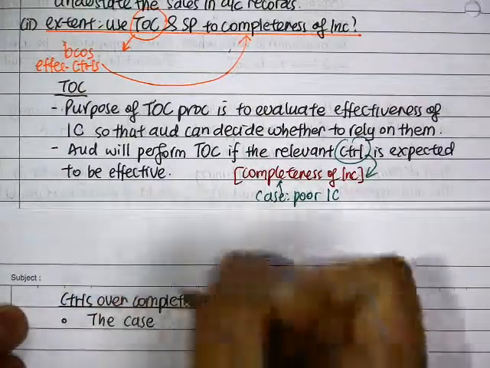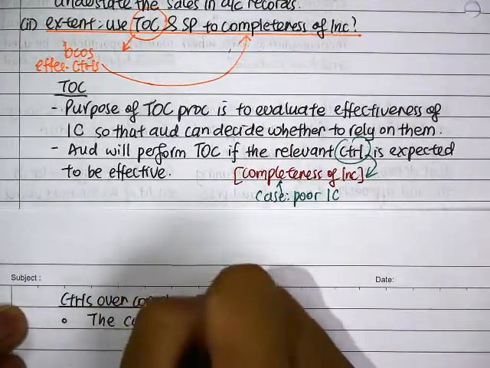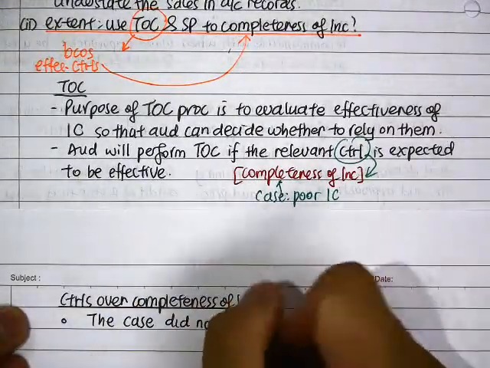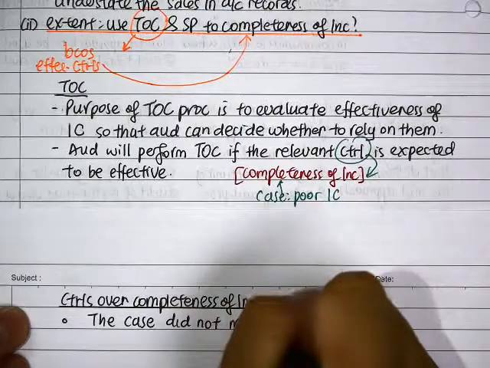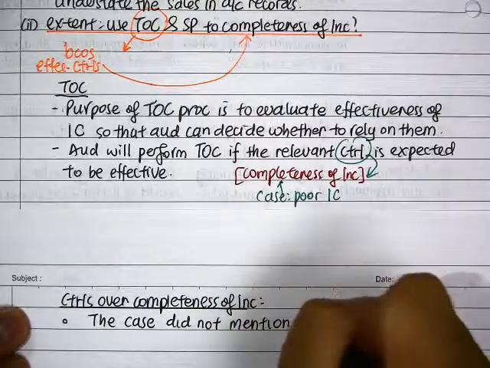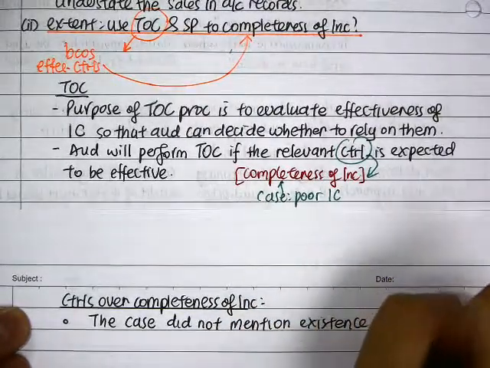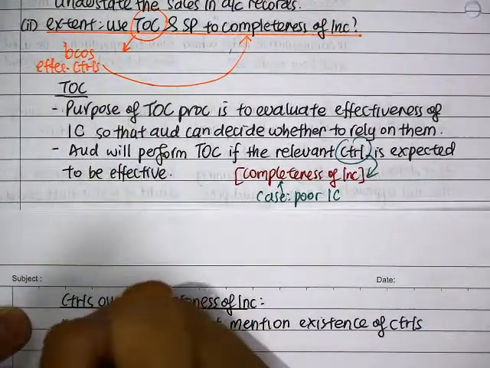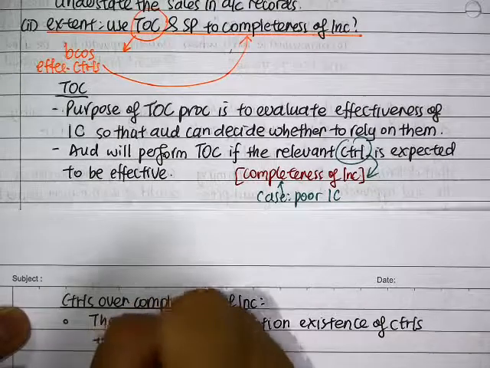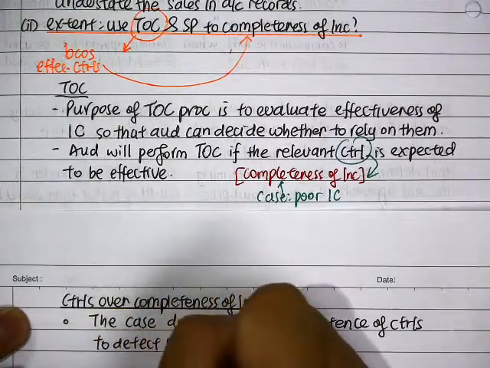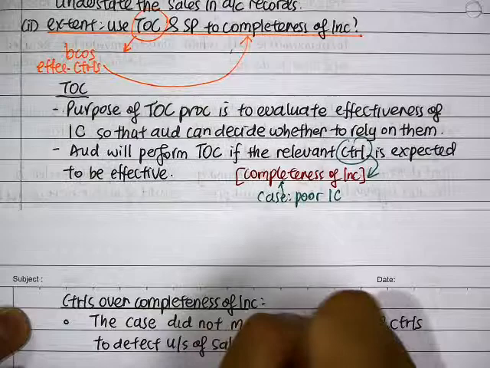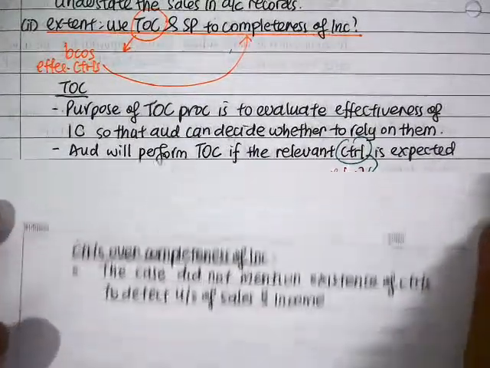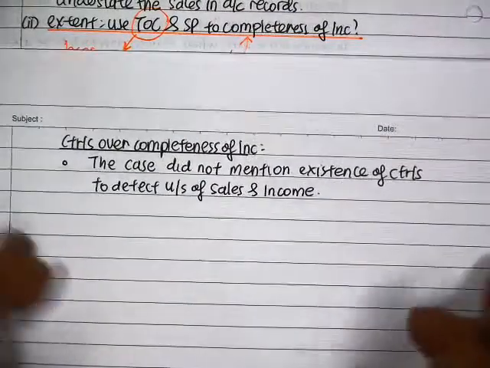The case did not mention existence of control to detect understatement of sales as well as your income.